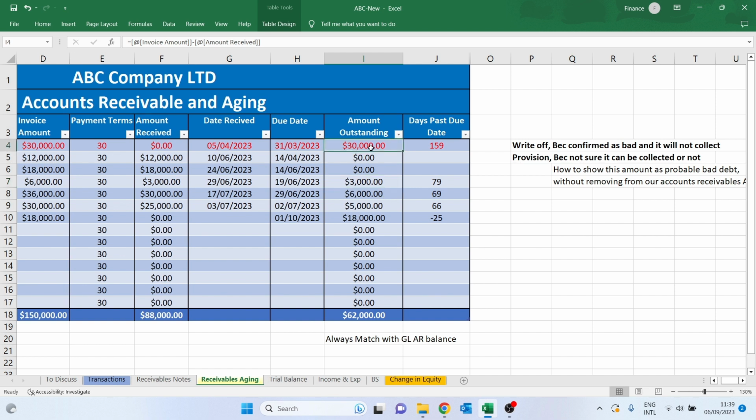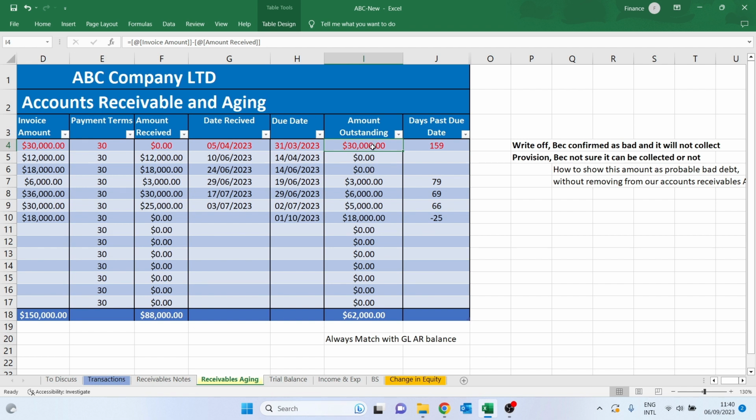How does it differ? Because for this amount, it is confirmed that it will not be collected at all. The only thing we can do is file a suit against this customer. That is the only option here, for the 30,000.